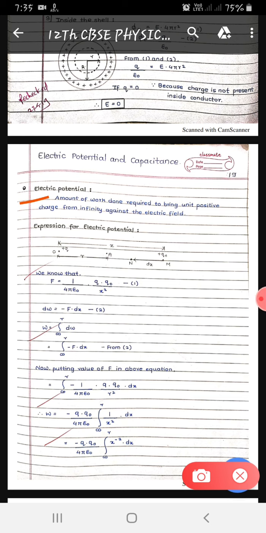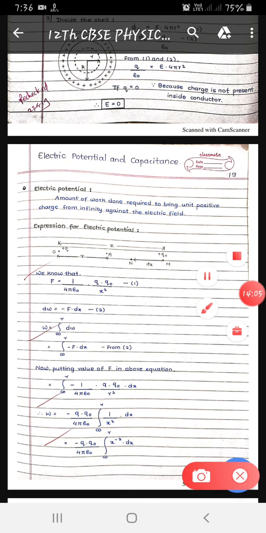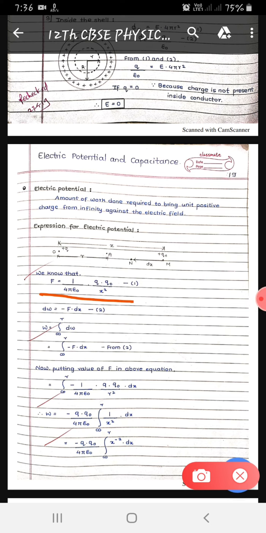For that purpose we have considered point O, which carries positive charge q, another point A at distance r from O, and another point M at infinity which carries plus q0 charge at distance x from the initial point O. Okay, so according to Coulomb's law we can determine the force of attraction or repulsion, but in this case both charges are like, so the force of repulsion will be 1 upon 4 pi epsilon naught times the product of two charges, that is q q naught upon distance square, that is x square.